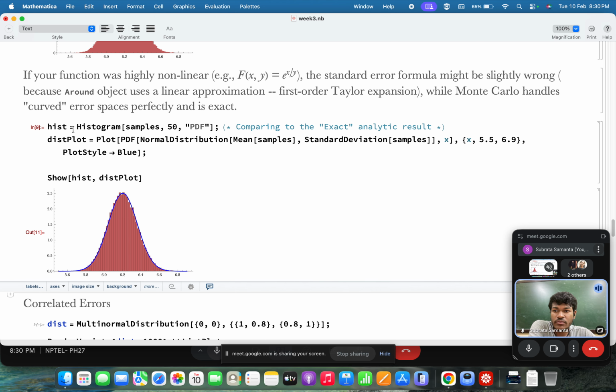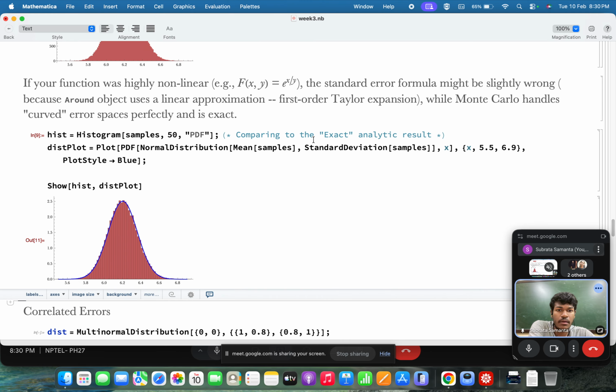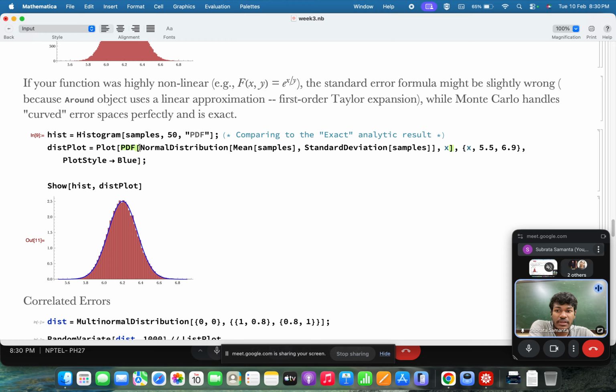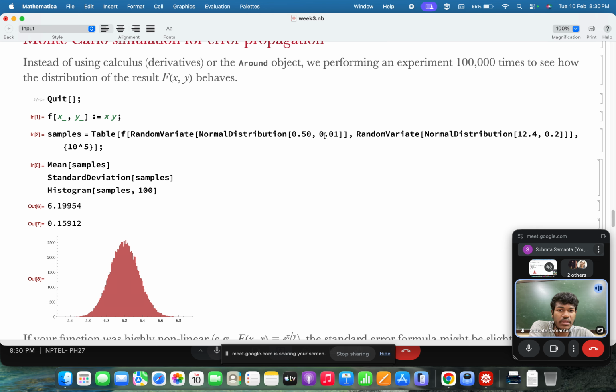The first one is the histogram, the red one, and the blue one I plot from the sample. So, this is my PDF. It is a Gaussian, the normal distribution. The first parameter is the mean, and this is the standard deviation.